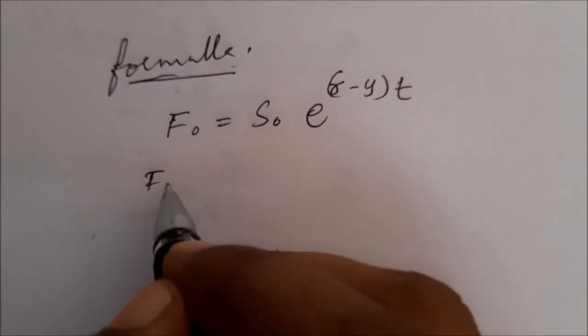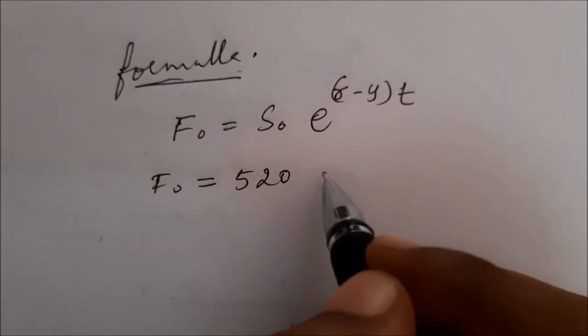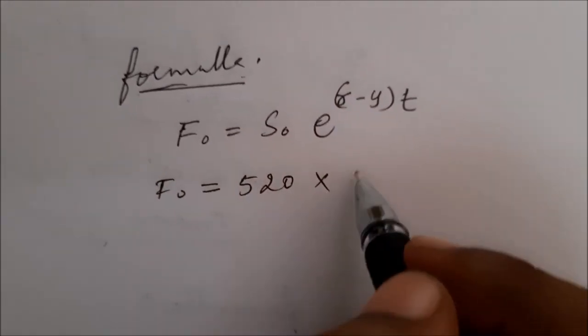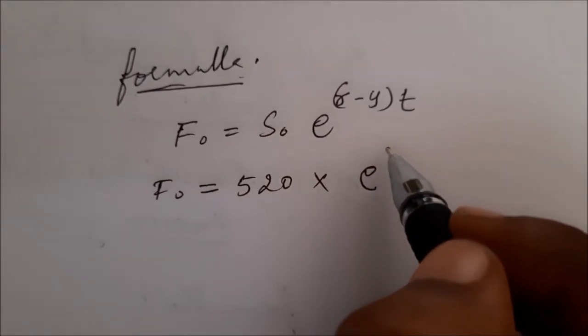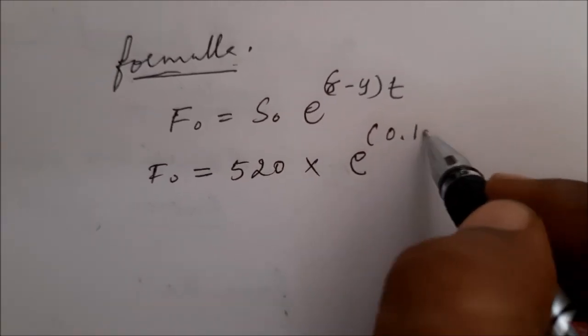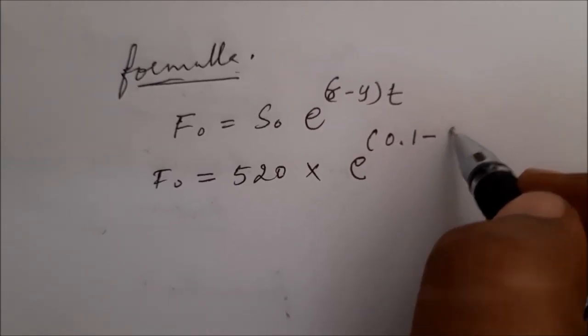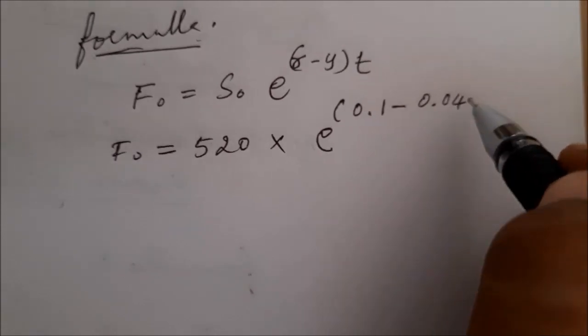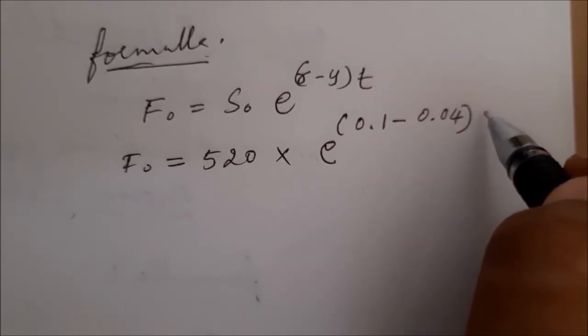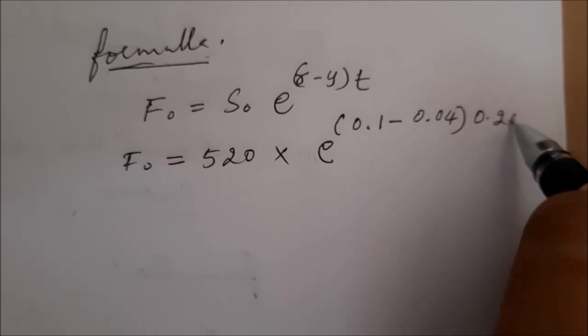So F naught is equal to, S naught is 520 and e to the power, r is 0.1, and the yield rate after dividing by 100 is 0.04, and the time is 0.25.